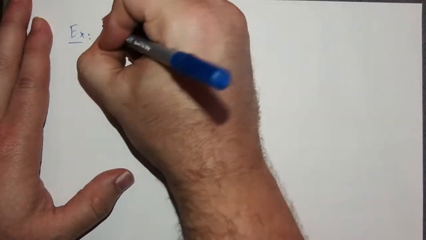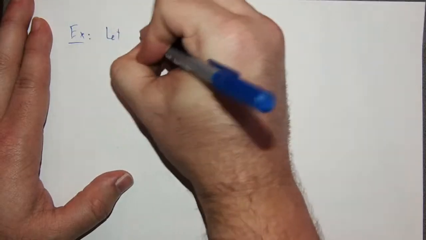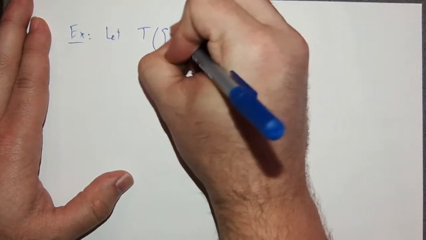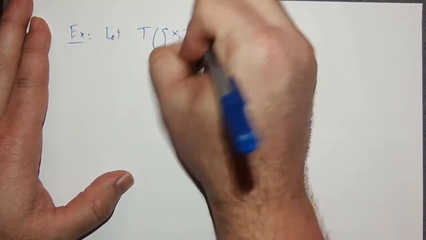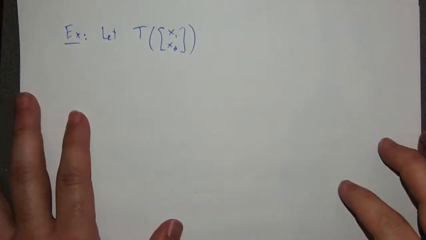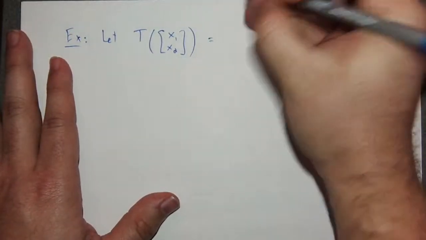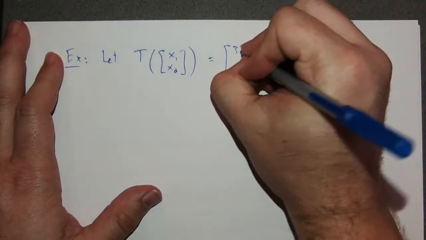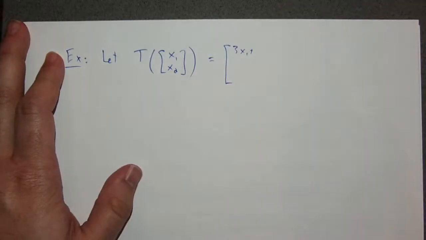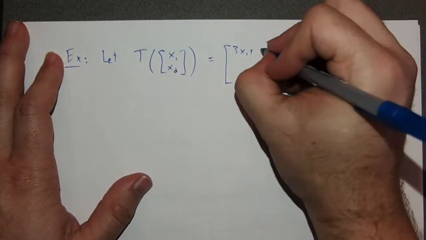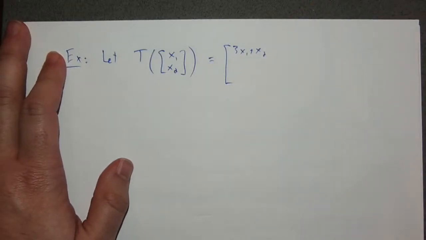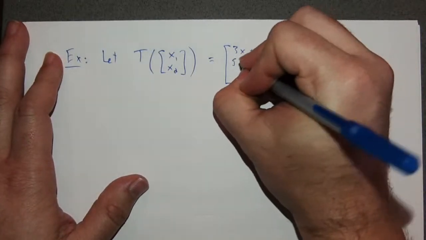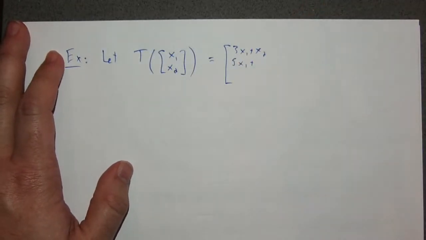So let T of (x1, x2) be the expression giving us 3x1 plus x2 in the first slot. In the second slot, it's 5x1 plus 7x2.